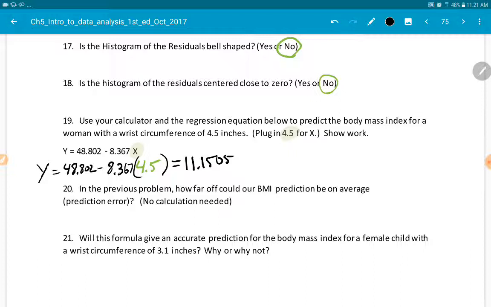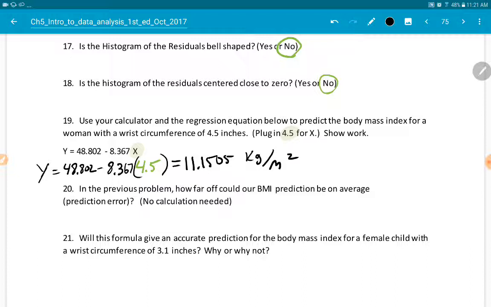It doesn't say where to round it, so I'll just leave it like that. My units are Y, so I'm predicting BMI. So that is kilograms per meter squared.